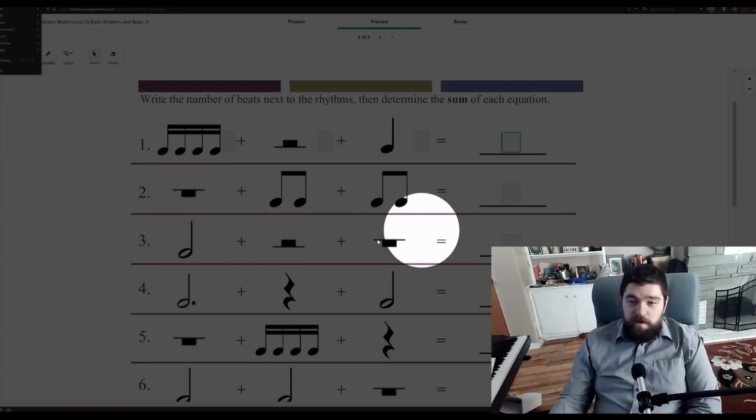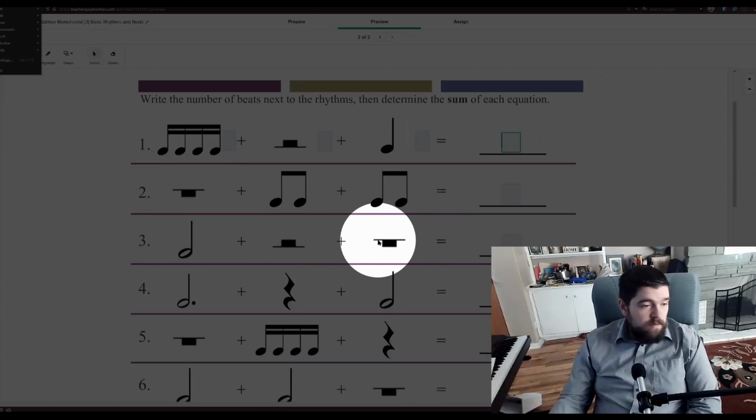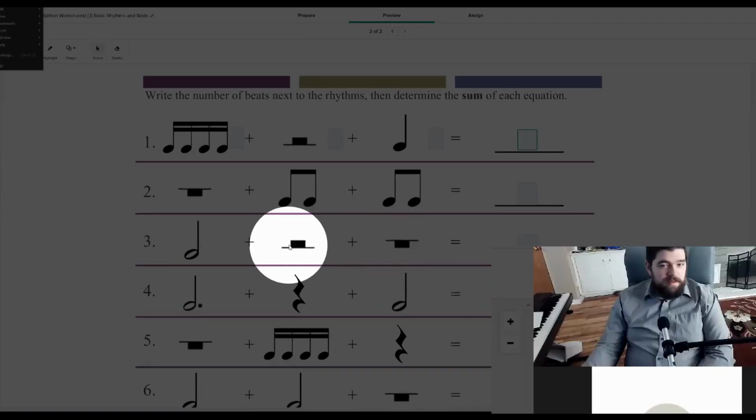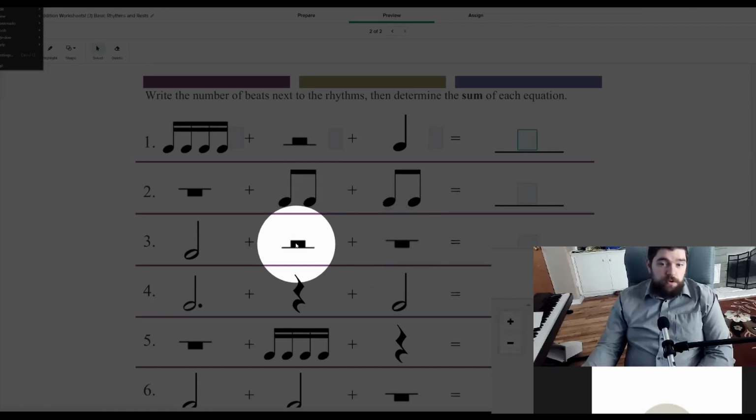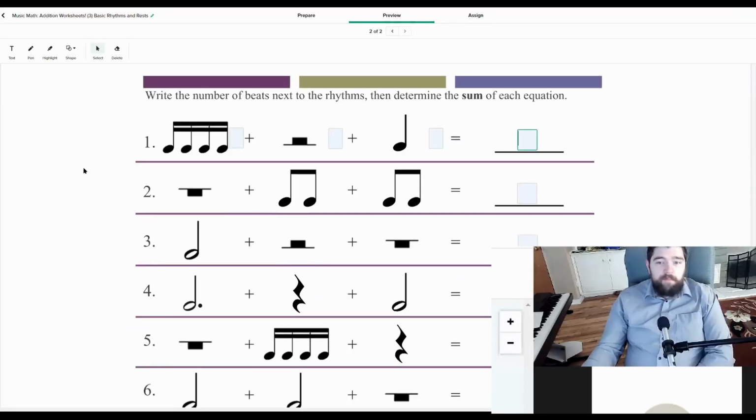The way I remember it is the whole is fatter, right? Whole has more than half, and so it's down below the line versus able to stay on top of the line right there. So the whole rest is 4 beats, half rest is 2 beats. So on that second page, those are the tricky parts of it.